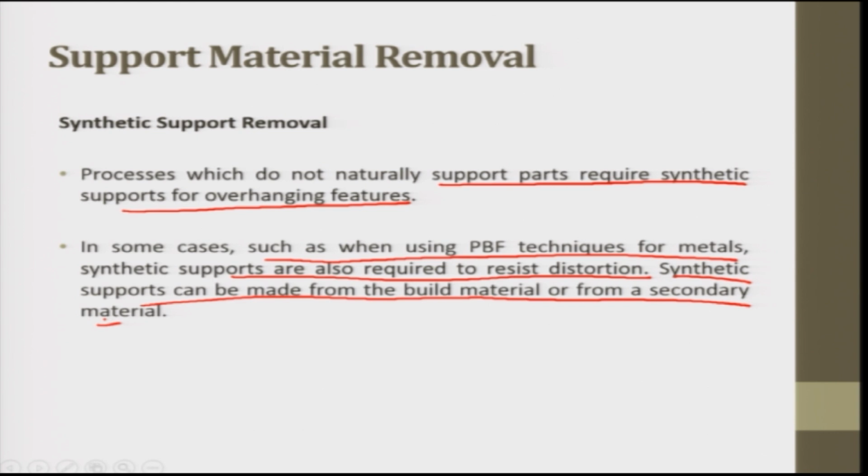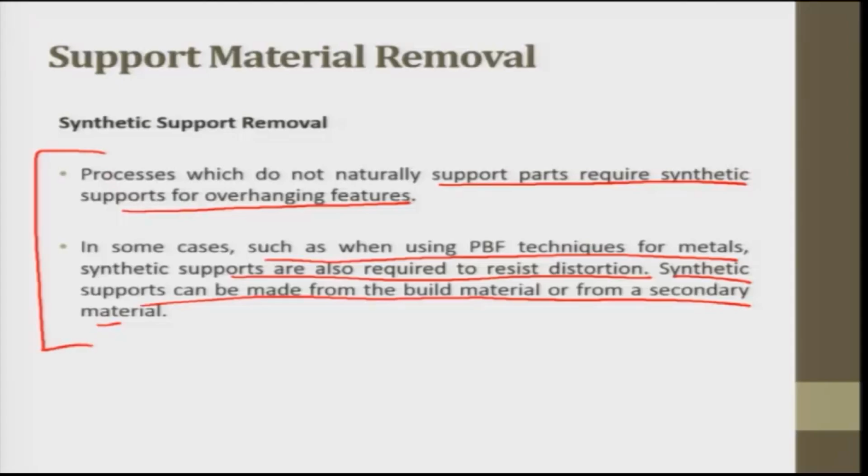The development of secondary support materials was a key step in simplifying the removal of synthetic supports. These materials are either weaker, or they are soluble in liquid solution, or they melt at a lower temperature than the build material, like the material PVA which I discussed in the last lecture. So, they can be taken off; these are synthetic supports. They are easier to remove than the natural materials, I could say.